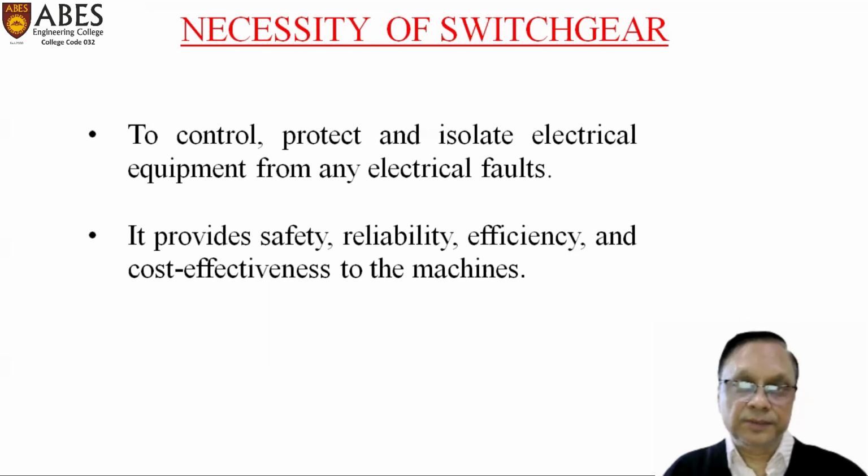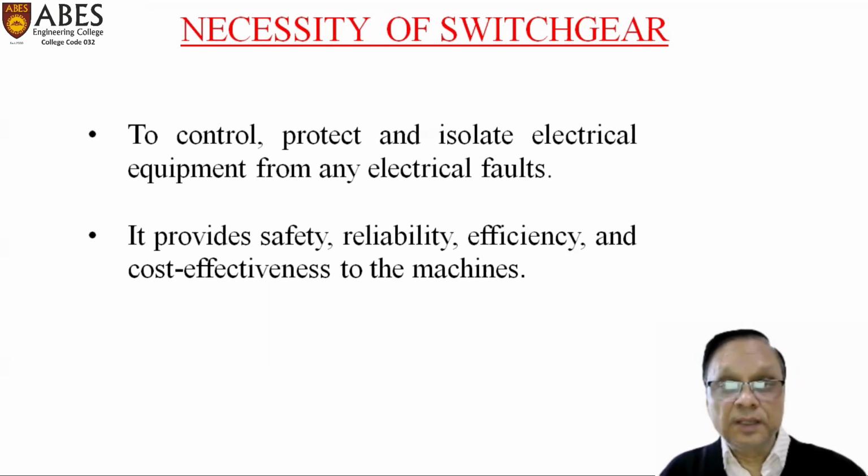Then we require a step-up transformer. That step-up transformer is very, very large, and its rating is very large, in MVA, that is megavolt amperes. Similarly, the generator's power is also in terms of megawatts.